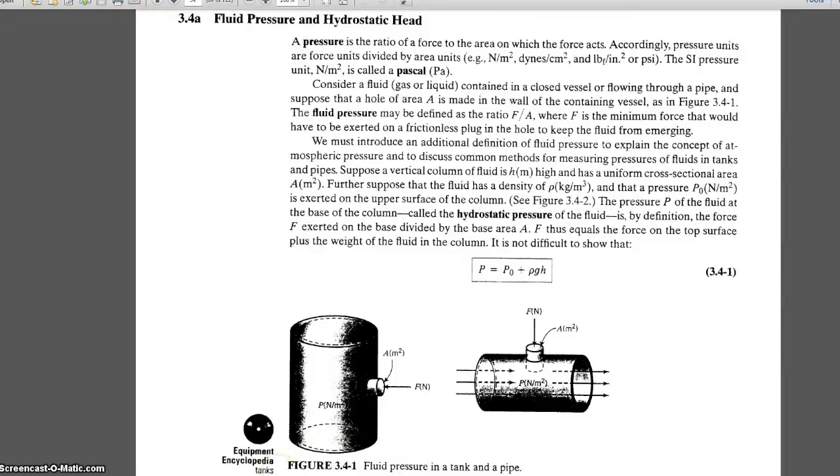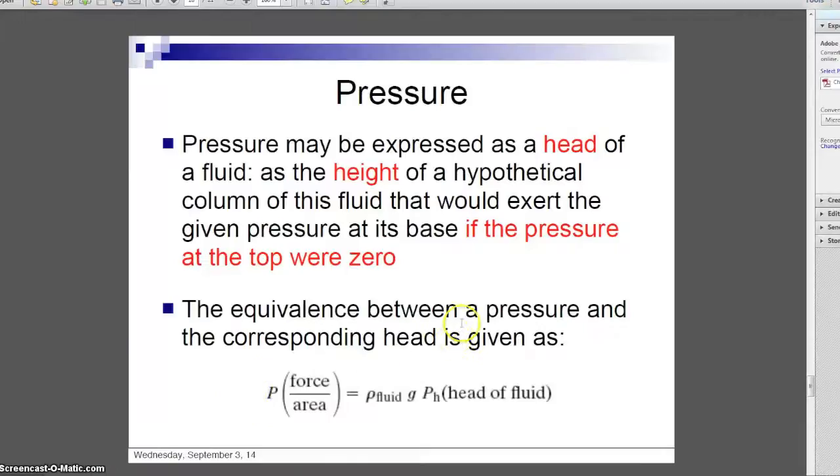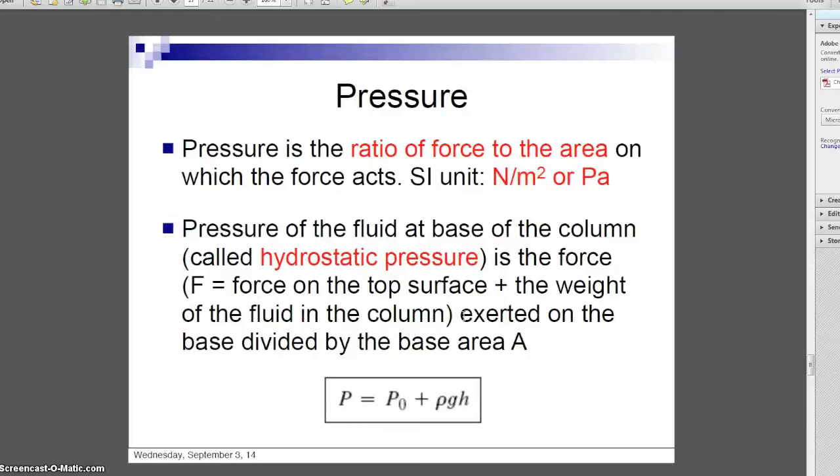now let's go back to the lecture slides, so there's also hydrostatic pressure in the lecture slide. That's just basic. Rho g h is the term for pressure.